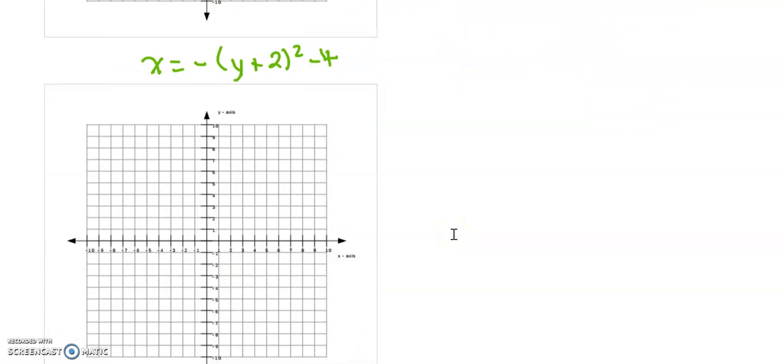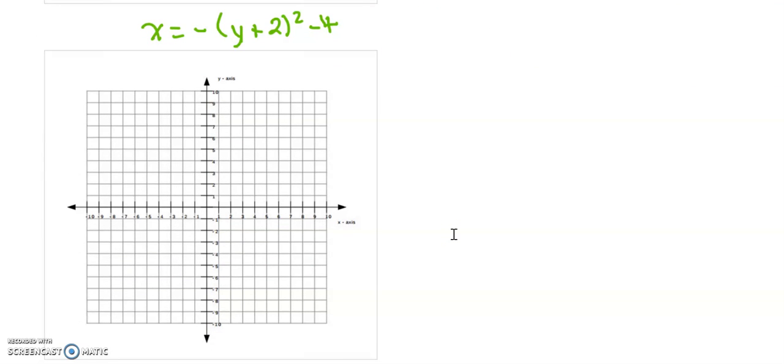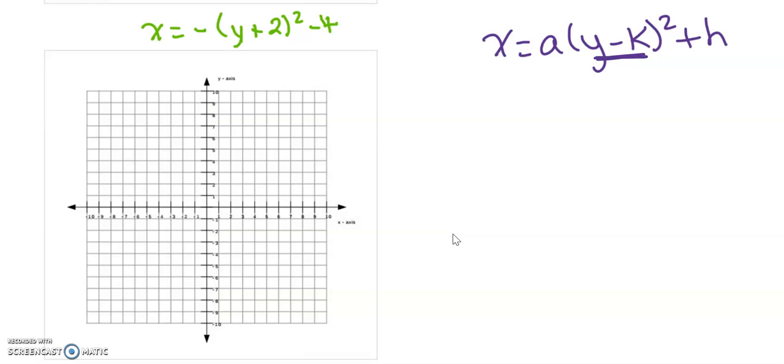All right, let's try this one. Now it's x equals, so we're going to see what that looks like. We still have a vertex form of the equation. But because y is in the parentheses, our vertex coordinates have changed position. Okay?